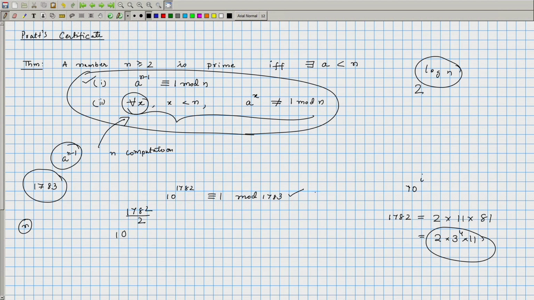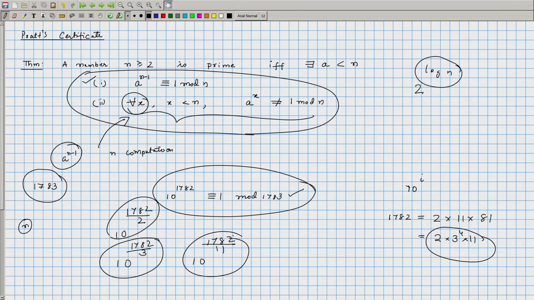This is again a computation of the same kind, repeated multiplication, or you can do fast exponentiation. We will also check 10 raised to 1782 by 3 and 10 raised to 1782 by 11. So, these are 3 computations which involve further multiplications. Basically we did one such computation for each prime factor of 1782.